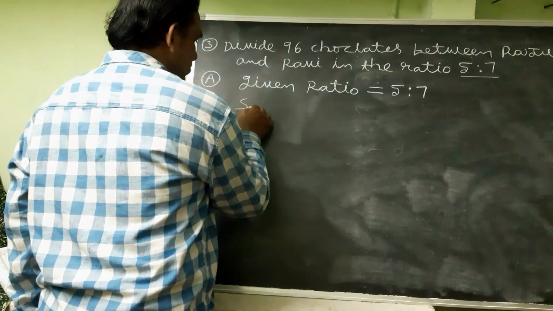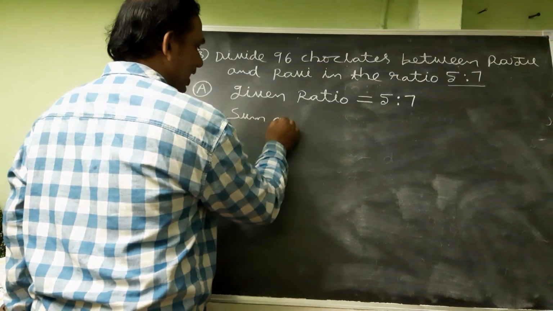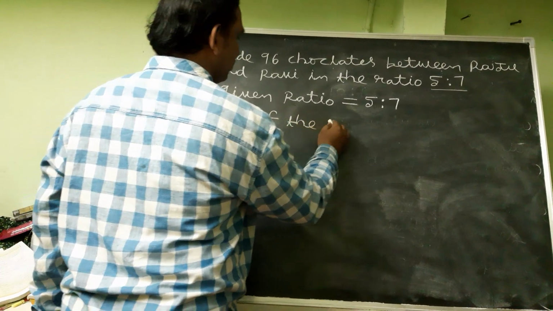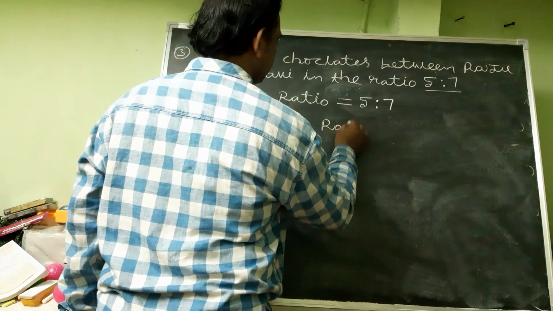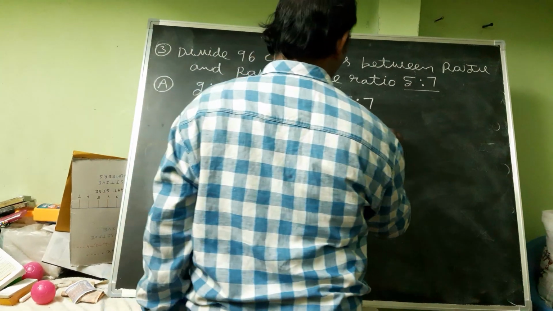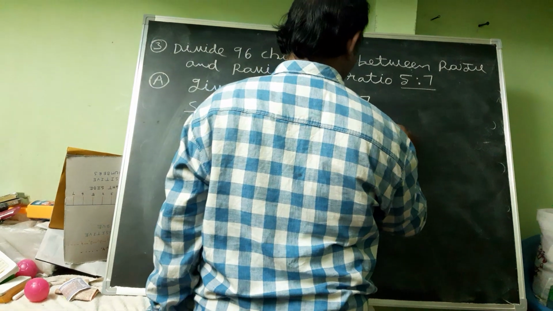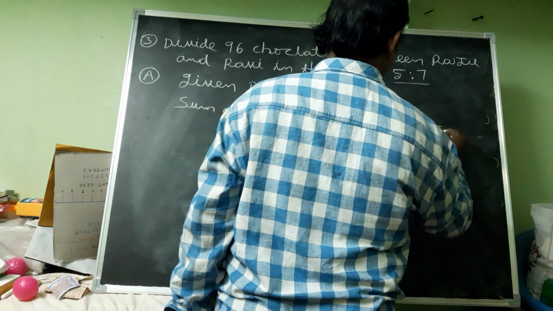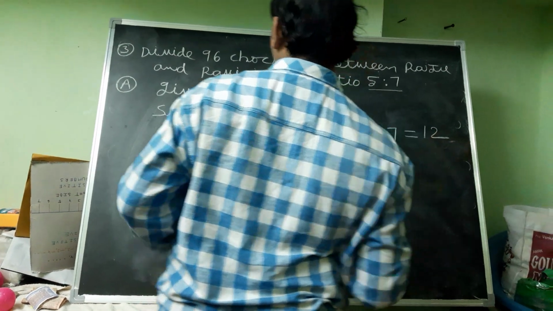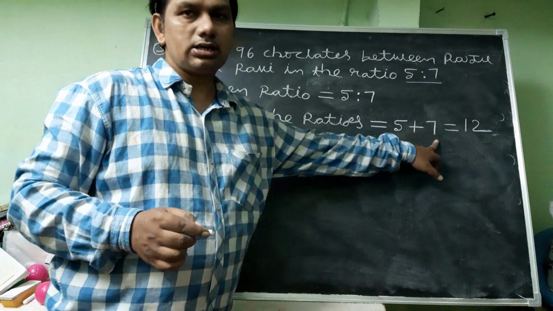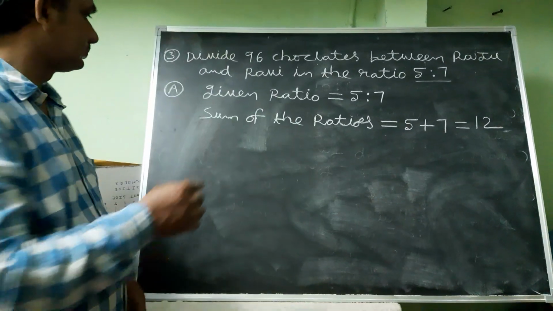Sum of the ratios. So we will add the two ratios. Sum of the ratios, 5 plus 7 equals 12. So the sum of the ratios equals 12.